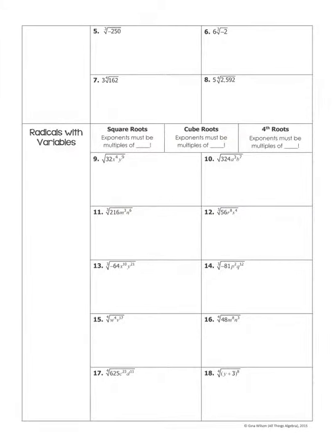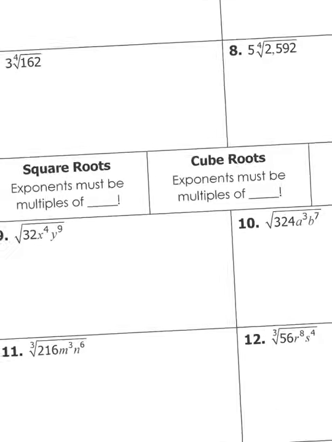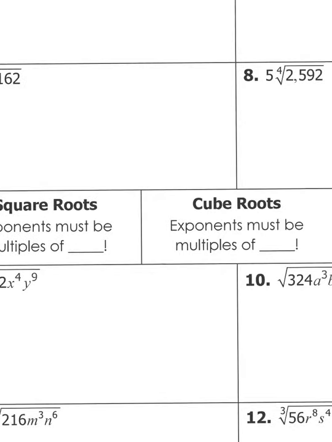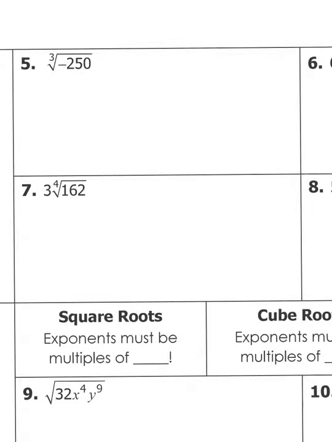All right, so let's look at this back page. So number 5. So this time we have a cube root of a negative number. So we're going to pull out a negative. So that negative attached to the 250, you're going to take it out. Let me use red. You're going to take it out as a negative 1 times 250.